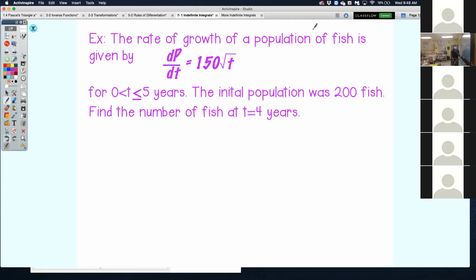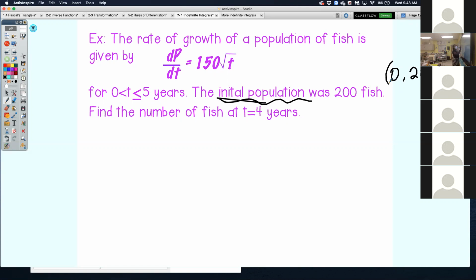Then we're told that the initial population was 200. The initial population would indicate that's when time is equal to what? 0. So we basically have a point (0, 200) that is on my original function. That point is going to help me find c after I take the antiderivative of the rate of growth equation.